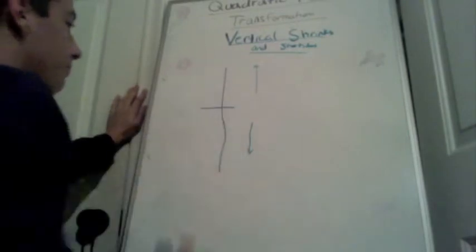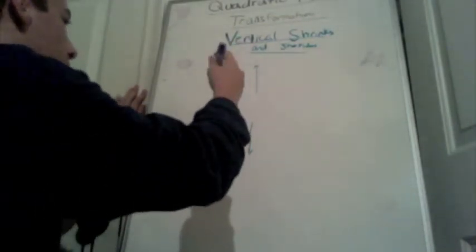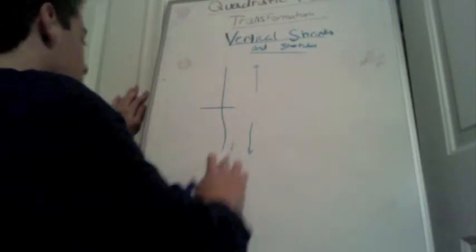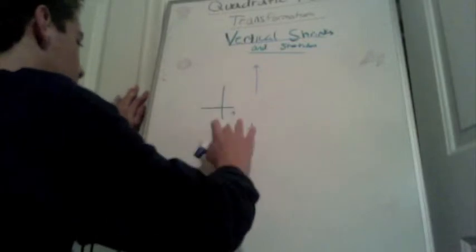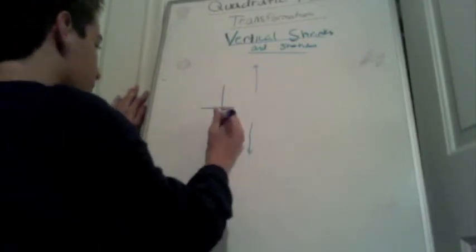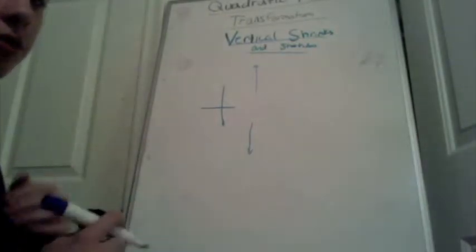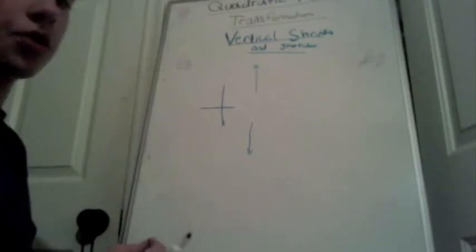Now we could add a parabola to that. Let's make the graph normal size again. Remember that the graph itself doesn't stretch and shrink, the parabola does.